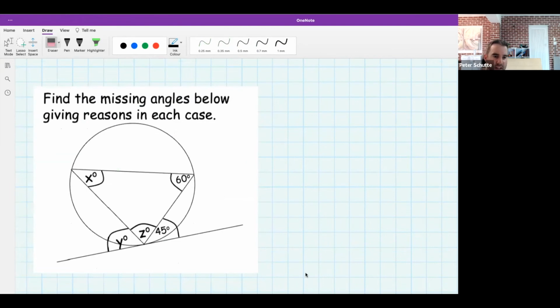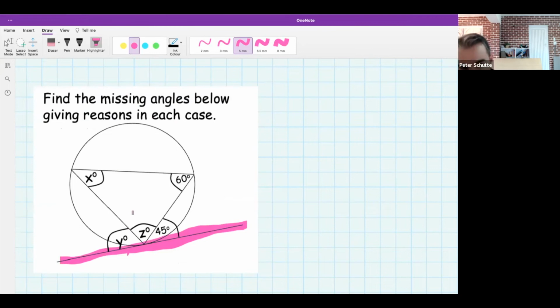What we have here is a tangent. I would like to know what X, Y, and Z are. If I've gone a little bit quickly, please do ask a question, but I want to know what X, Y, and Z are, and what reason we use for knowing what they are.